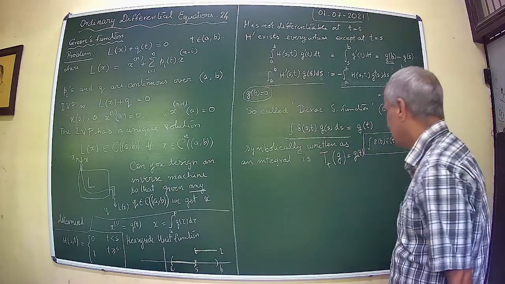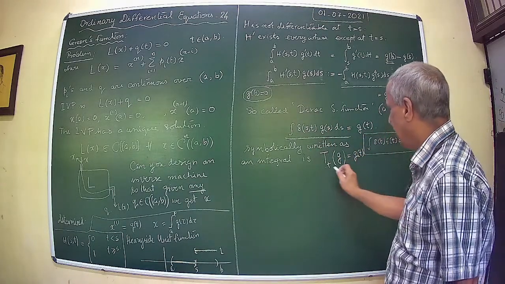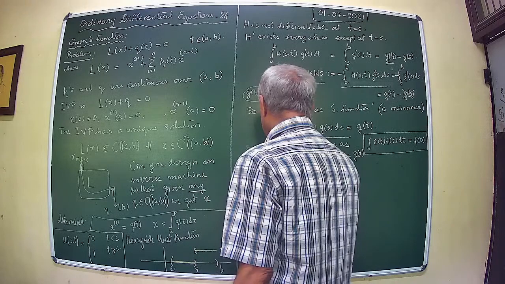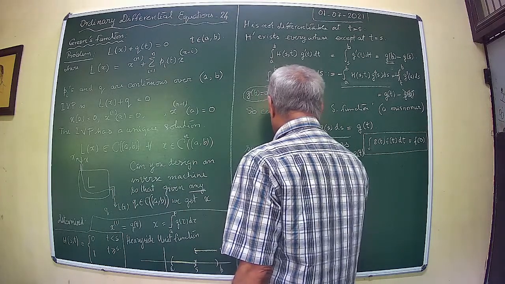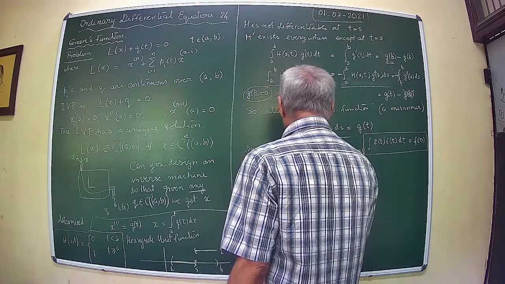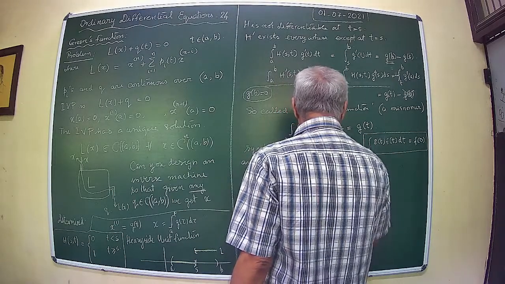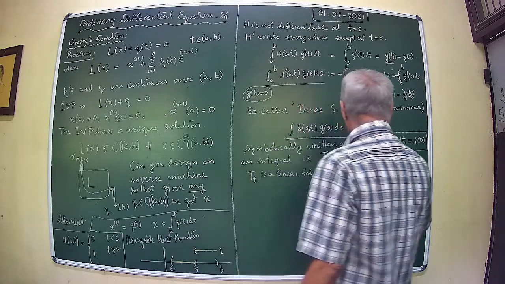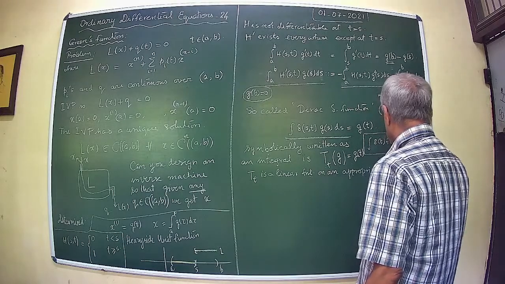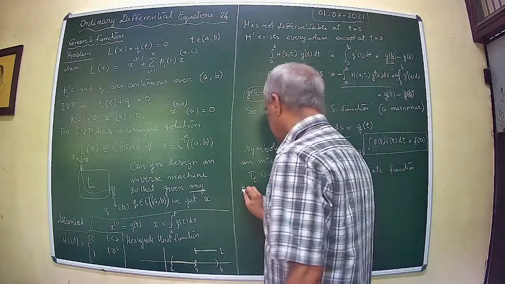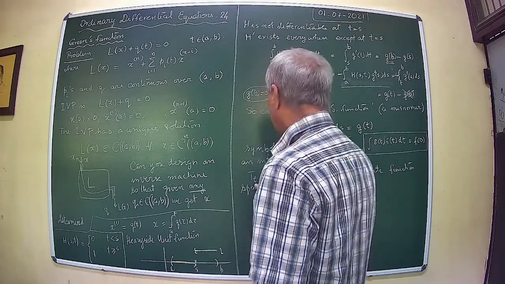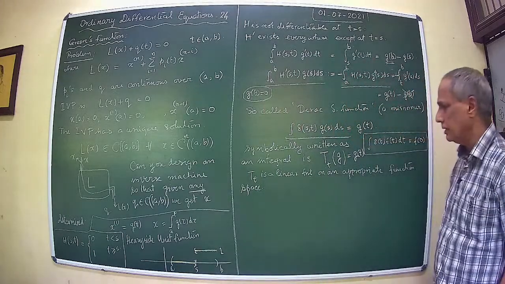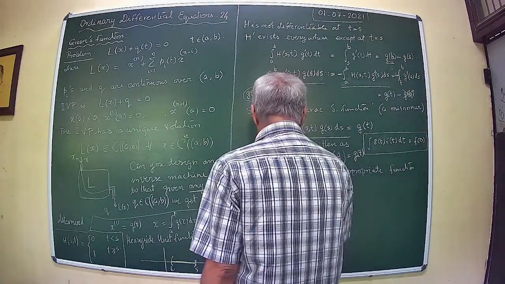So it's a functional, and you can easily see that it is a linear functional on an appropriate function space. Let us not go deep into that, and you will learn about this. This leads to what is called the theory of distributions.